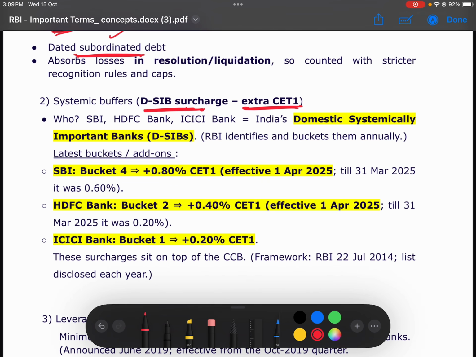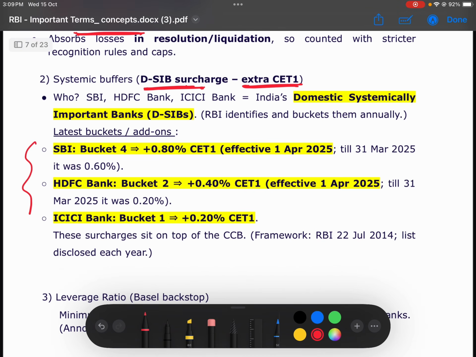There are five buckets in India. No one is in bucket 5, but SBI is in bucket 4, and an additional 0.8% CET1 capital with effect from 1st April 2025 will be required. Till 31st March 2025, it was 0.60%. So you have to remember this date, this amount, this percentage, and bucket 4 of SBI.